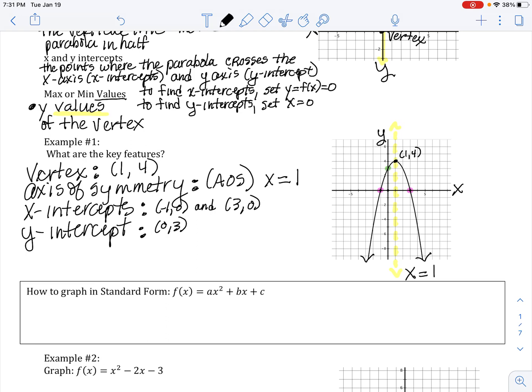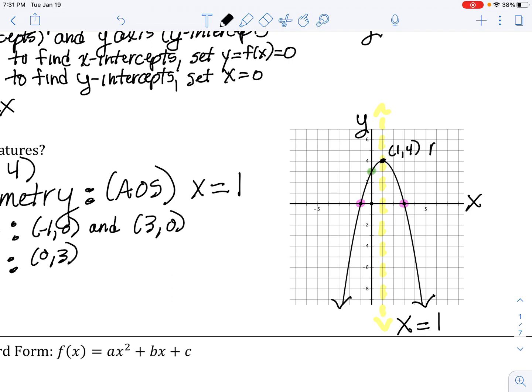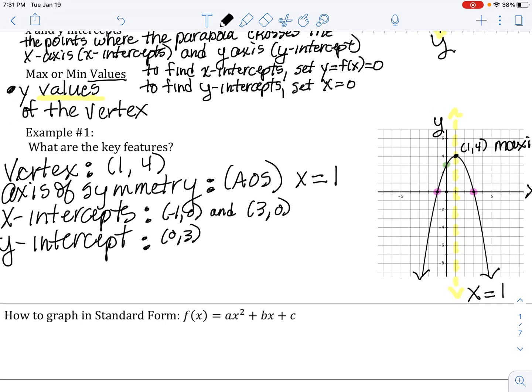So as I am looking at this parabola, the U opens down, which means the vertex is a maximum. The vertex of this quadratic is a maximum. That is the highest point on the parabola.